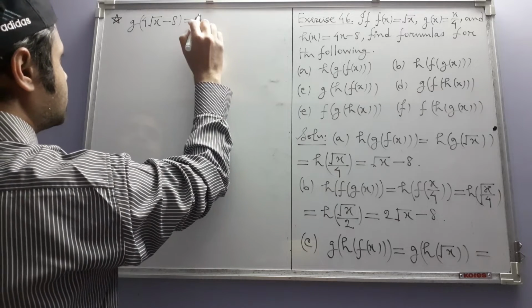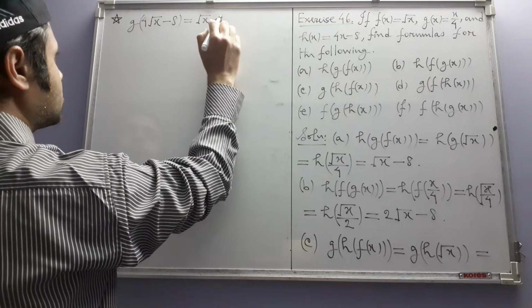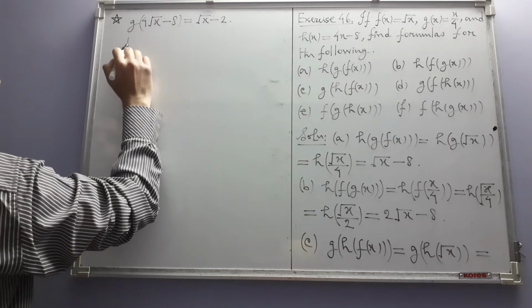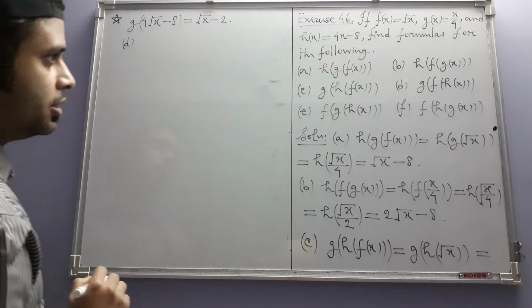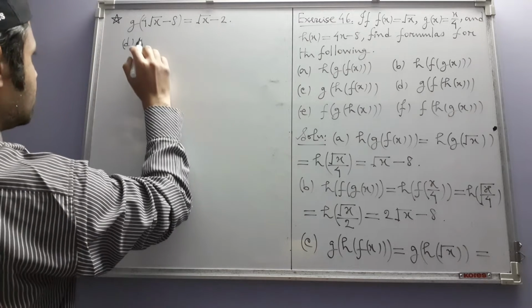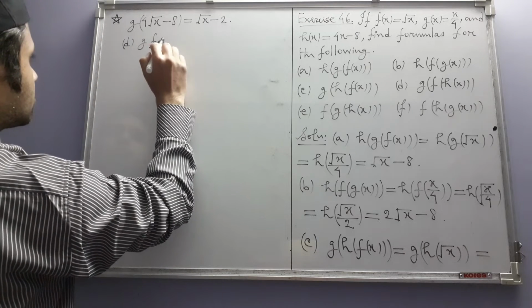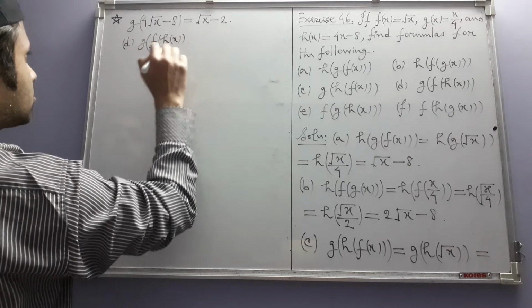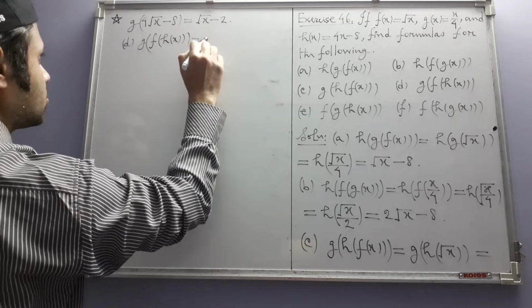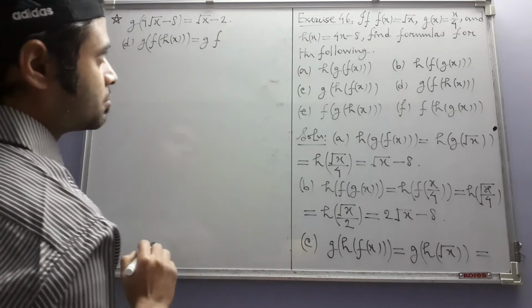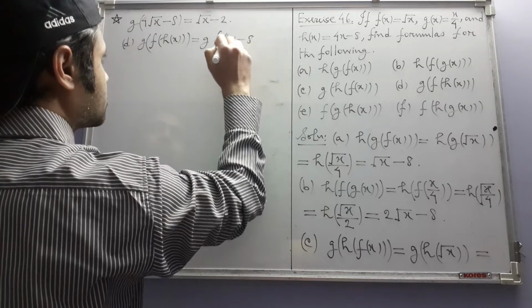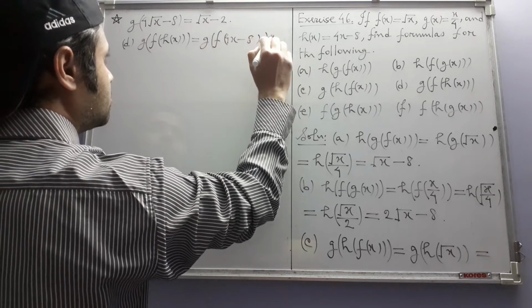So this is D, GFH, root x minus 8 over 4.